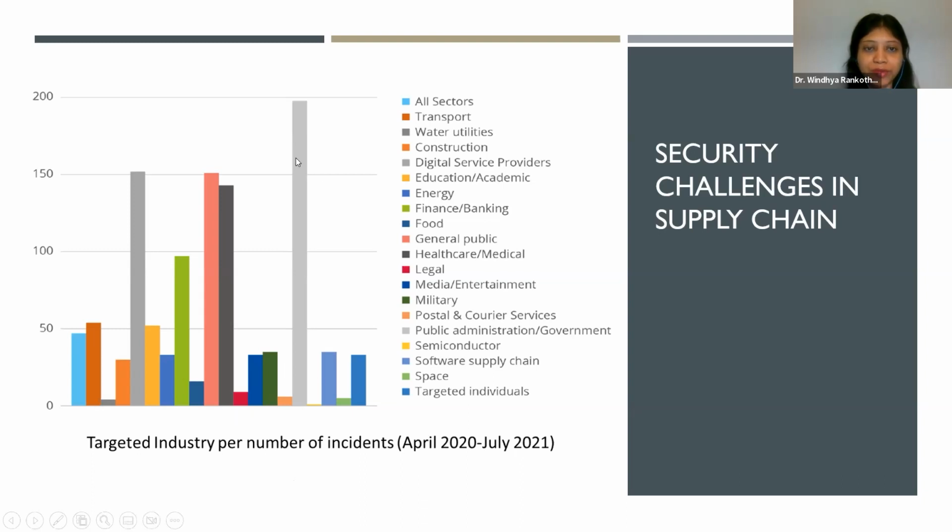The highest number of incidents happened in public administration and government institutes, in industries, and among digital service providers. And here we have healthcare and medical, because they hold a lot of information and data. So all these industries have been affected by security issues, especially cyber security issues.